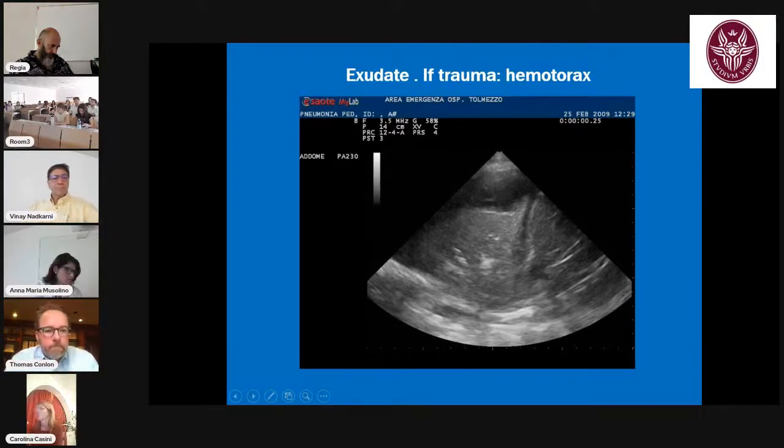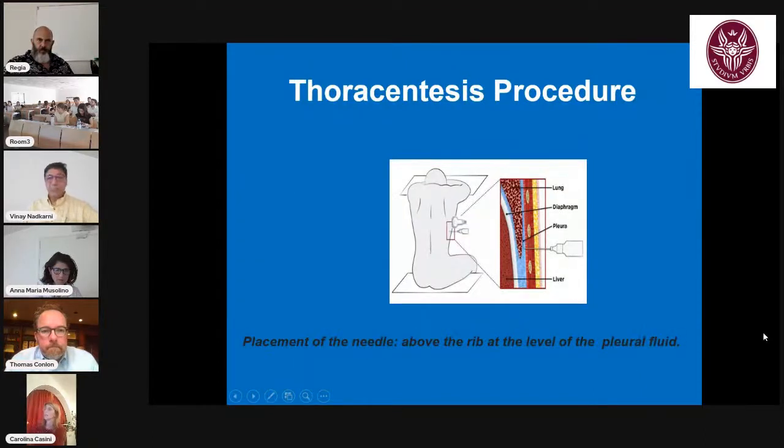Okay. When we have the pleural effusion, we can use the probe even to guide the procedure of the thoracentesis. And so we place the needle above the rib at the level of the pleural fluid, and we can easily drain the effusion.